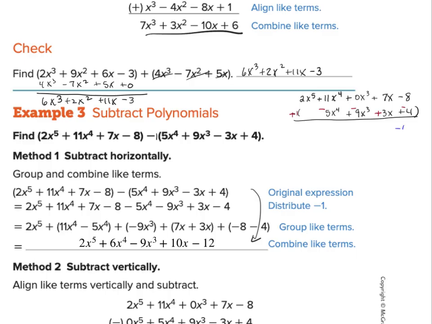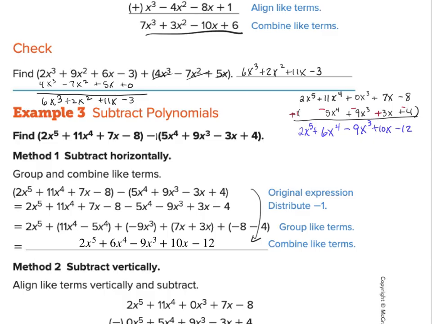So this would be negative 12, this would be positive 10x, this would be negative 9x to the third, this would be 6x to the fourth, and then this would be 2x to the fifth. And that is an easier way for me to organize my problem because I'm just more comfortable adding and subtracting vertically.